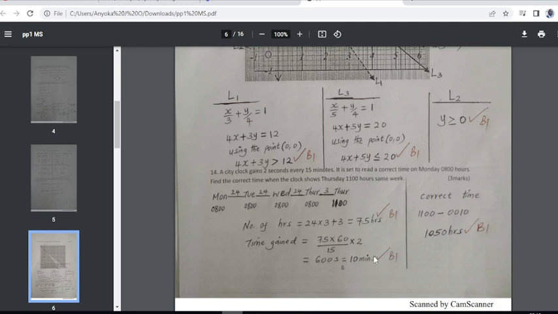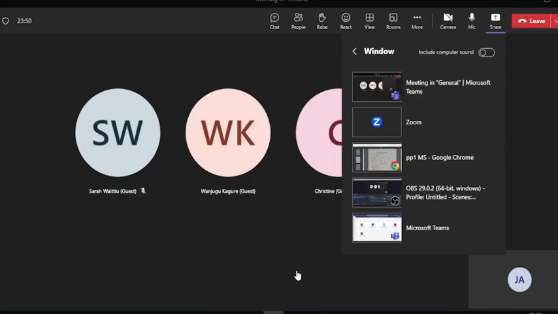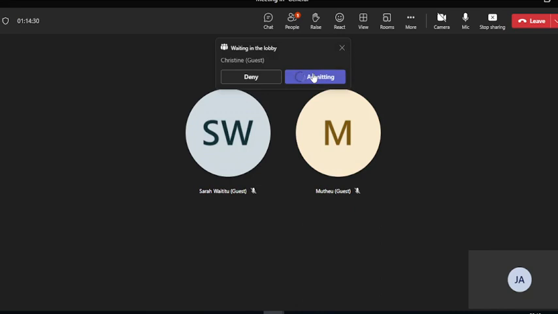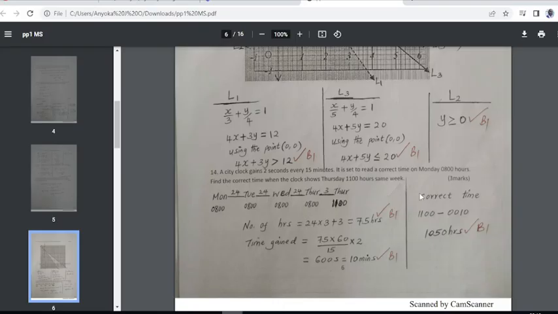After every 15 minutes, 2 seconds, what will be the time gained by the end of the 75 hours? 10 minutes. So what will be the correct time?